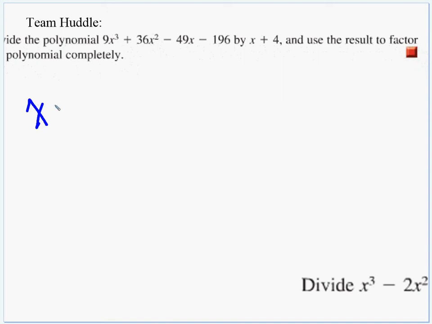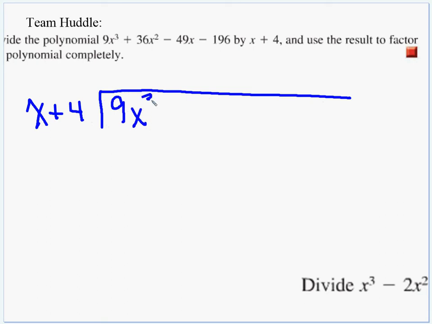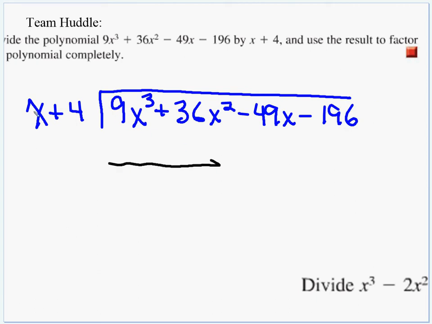So in this one, we're going to divide the x plus 4 binomial into 9x cubed plus 36x squared minus 49x minus 196. Ooh, this is a good one. Let's see. Our first term is 9x cubed. We've got an x, so we need to multiply by 9x squared.